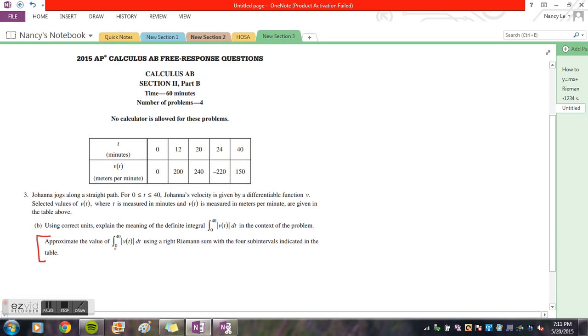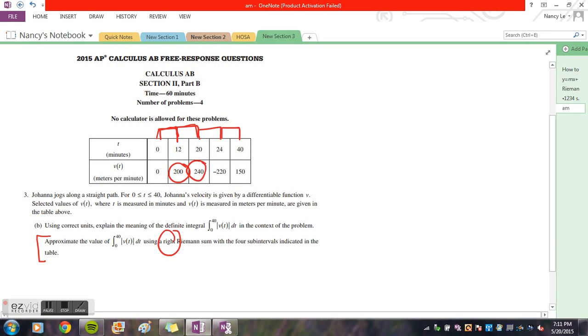Approximate the value of the integral from 0 to 40 of the absolute value of v of t, using a right Riemann sum with the 4 subintervals indicated in the table. So these are the 4 subintervals from 0 to 12, 12 to 20, 20 to 24, and 24 to 40. And it's asking for a right Riemann sum, so the values that we'll be using are 200, because that's the right value on this interval from 0 to 12.